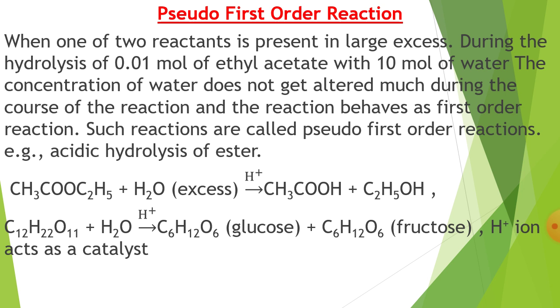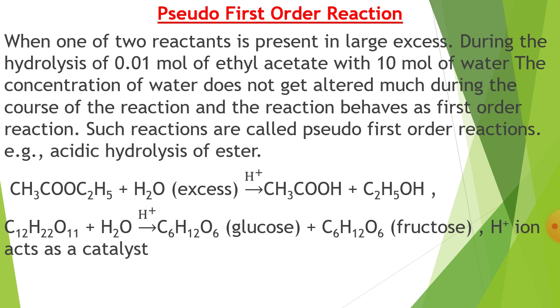One example is given here to explain this. During the hydrolysis of 0.01 mole of ethyl acetate with 10 mole of water, the concentration of water does not get altered much during the course of reaction and the reaction behaves as first order reaction. Such reactions are called pseudo first order reactions.